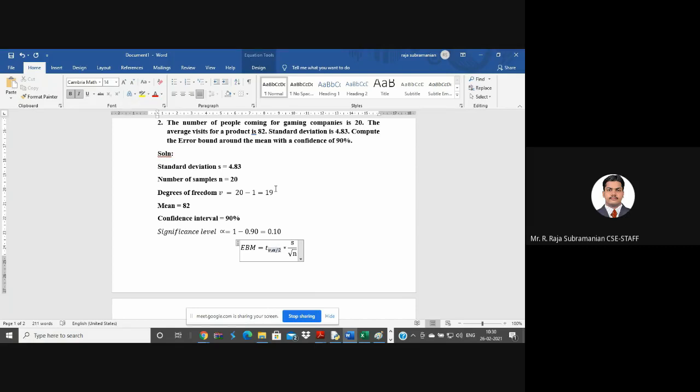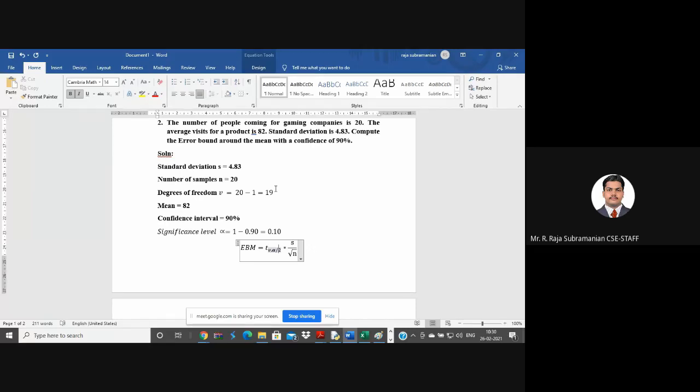Now I ask you a very clear question. If you are able to answer this question, then you are great. In the given problem for calculating the error bound around the mean, you are given the mean value and the standard deviation value, right? Is it enough to compute the EBM or not? Standard deviation is given, mean is given.